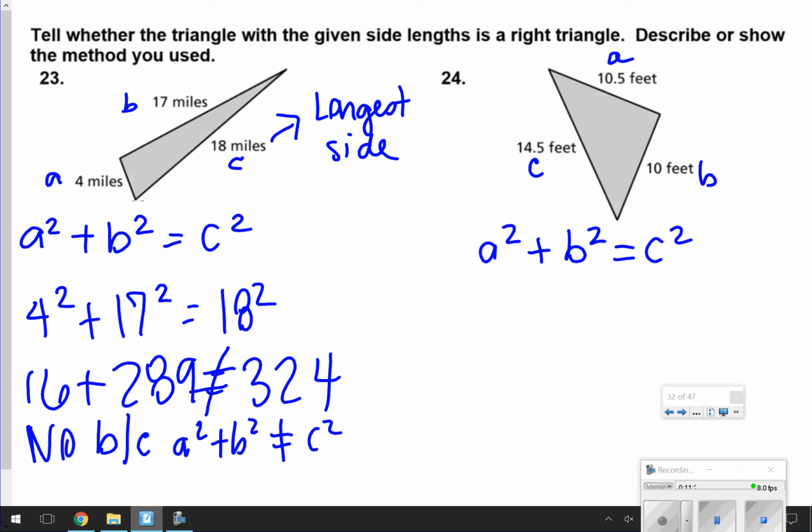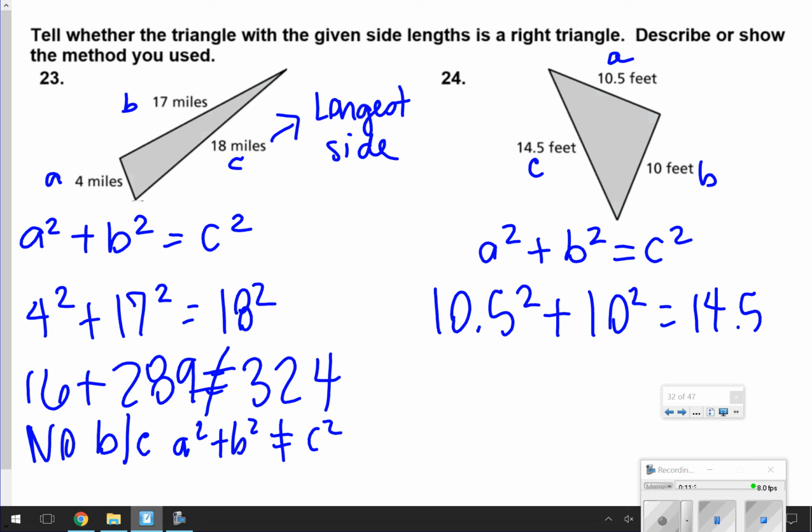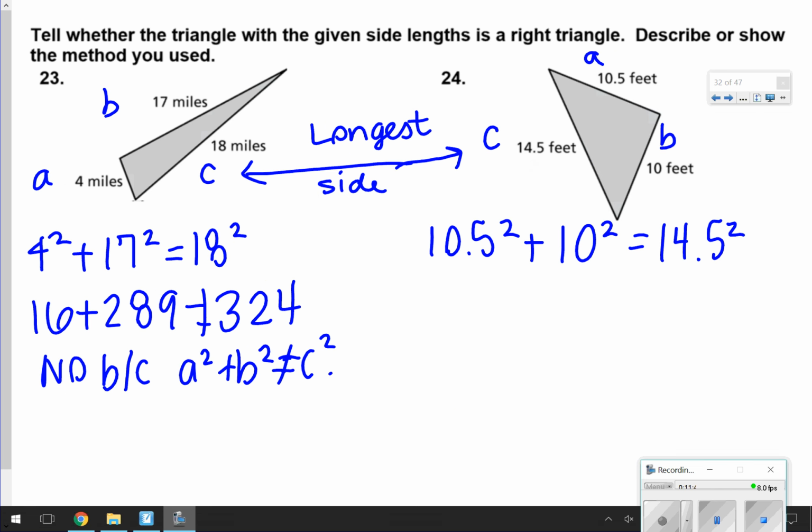Okay, let's see if we might get something else for this one. 10.5 squared plus 10 squared is equal to 14.5 squared. I don't know, we'll figure it out. 10.5 squared is 110. Sorry about that.